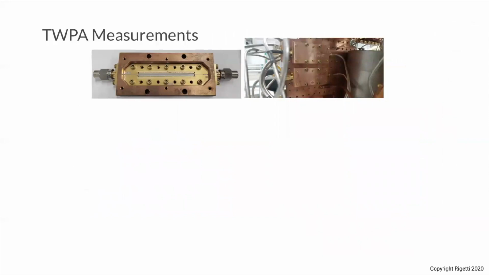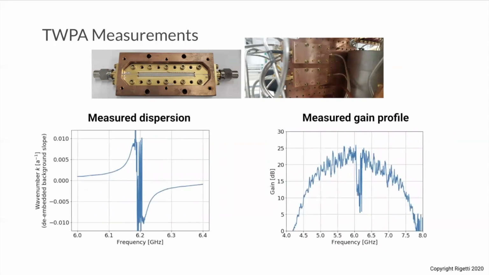On the top left, we see one of our TWPAs wire bonded to its PCB inside copper packaging. And on the right, we see these TWPAs mounted in the mixing chamber stage in the dilution fridge. We've measured the dispersion and gain profile of these TWPAs.